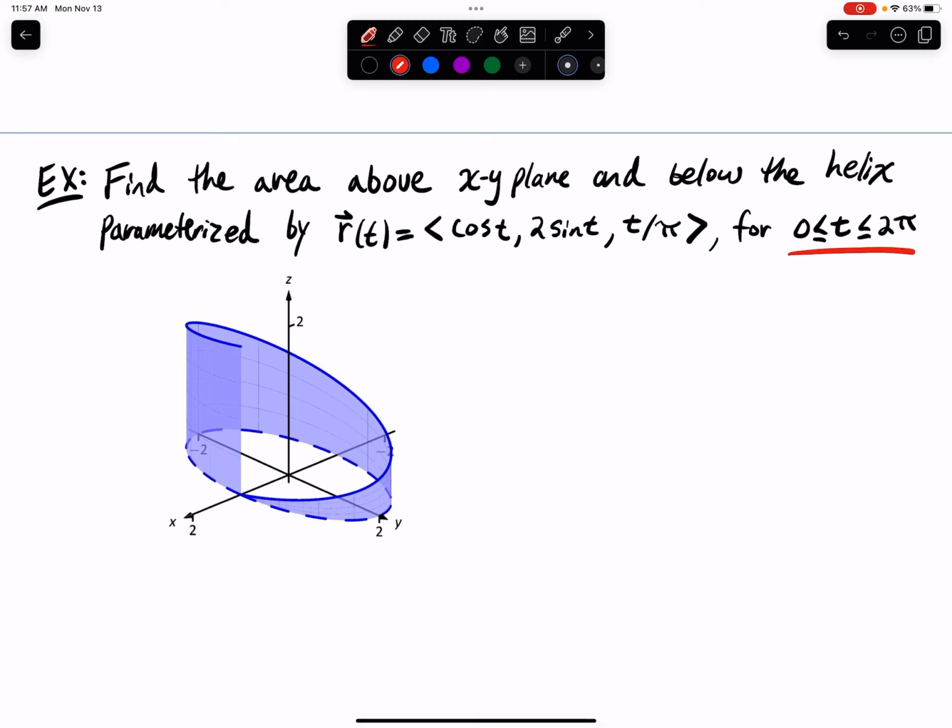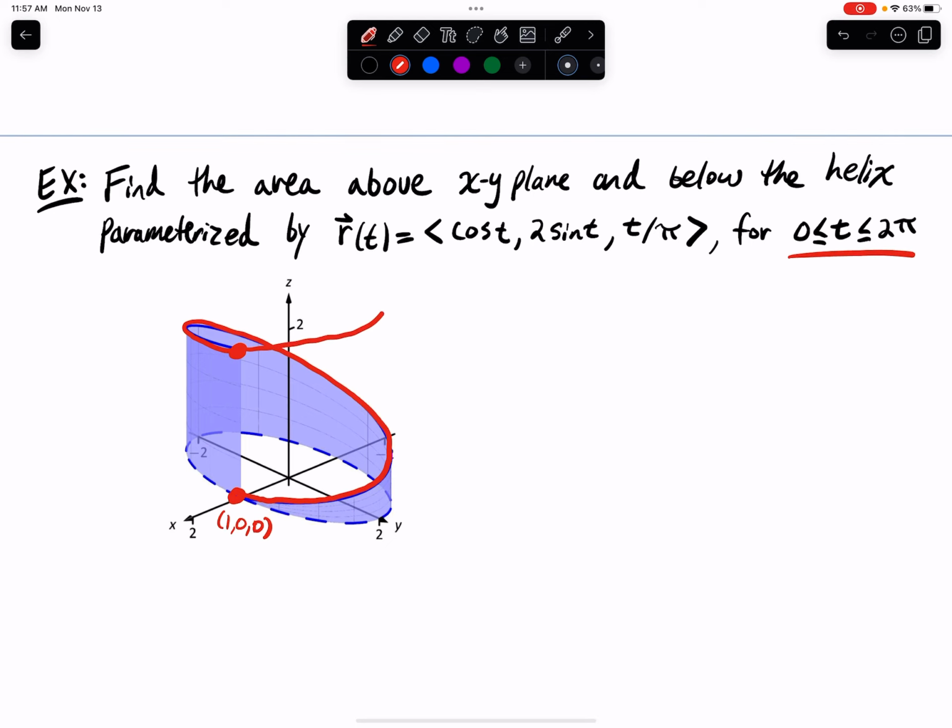So what happens is it starts here at 1, 0, 0, and it makes its way up until it stops right here for t equal to pi. So it's increasing in height as my t increases. And if we kept going, it would just keep increasing and make a helix. Just keep going up and up and up.